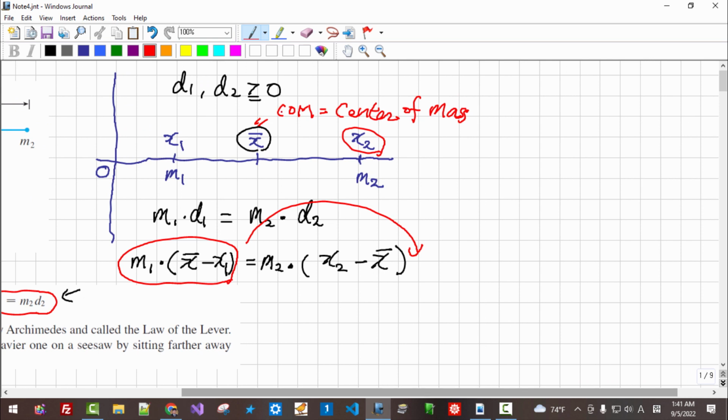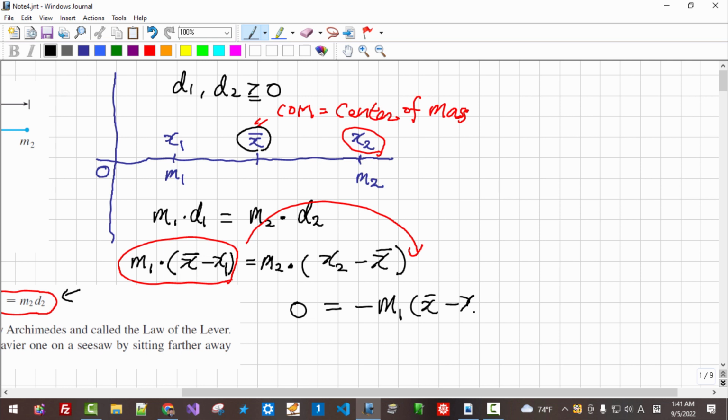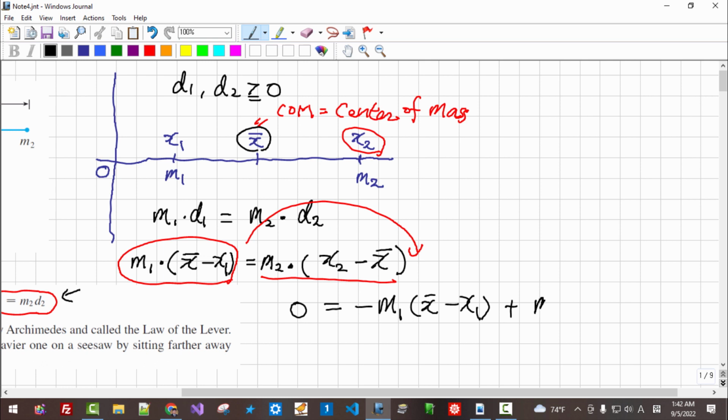Then 0 equals minus m1 (x bar minus x1) plus this term, m2 (x2 minus x bar).